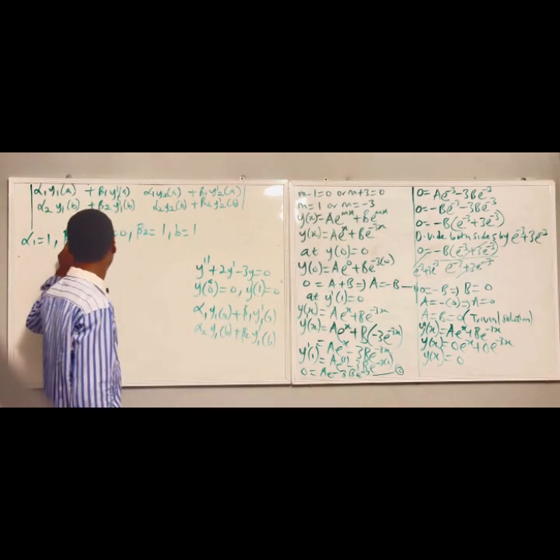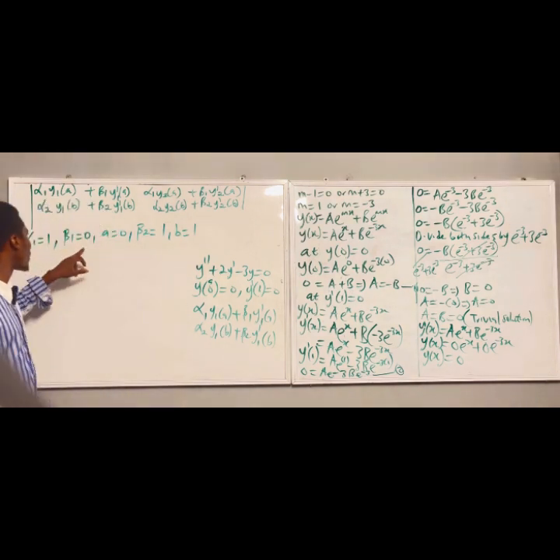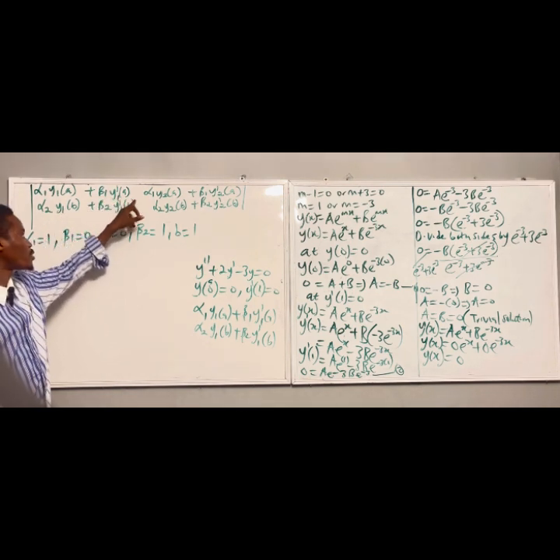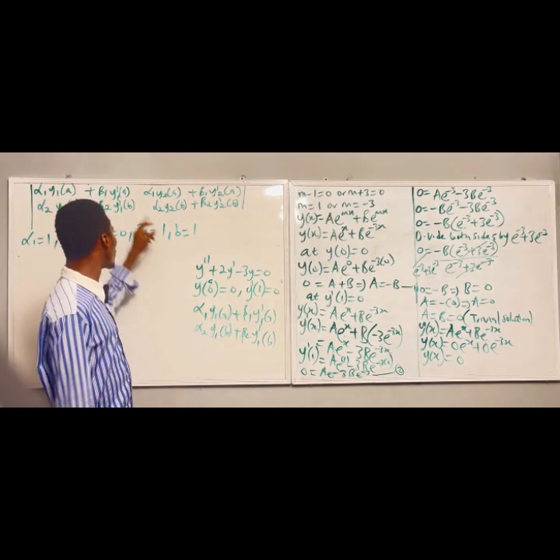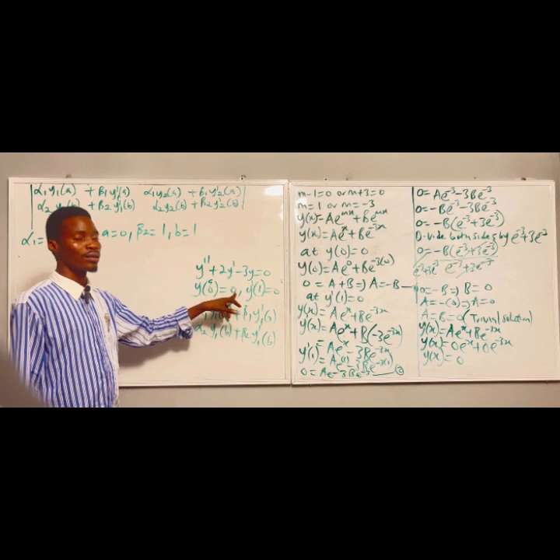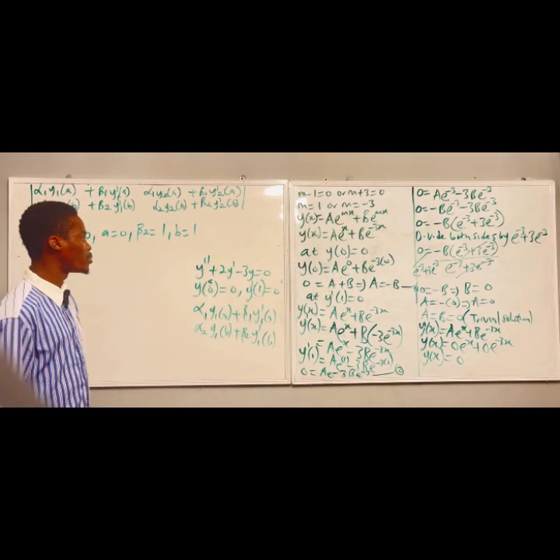The reason our beta 1 is equal to 0 is that beta 1 goes with y prime of a, and you can see from here that we don't have it, since our a is 0.